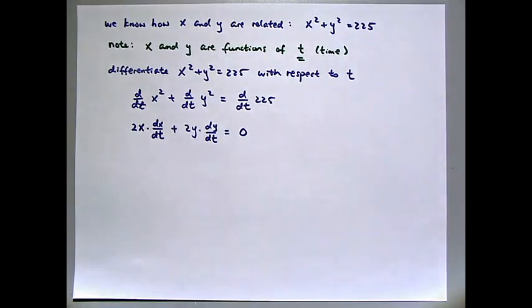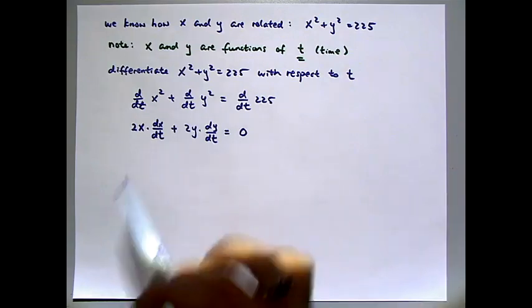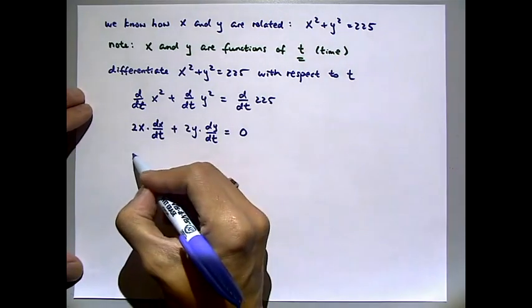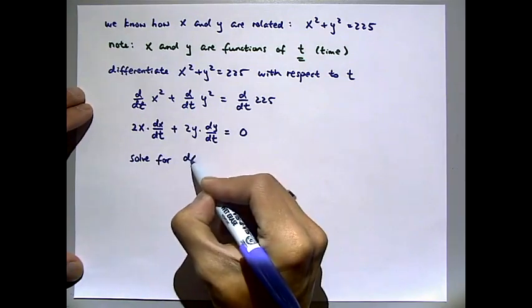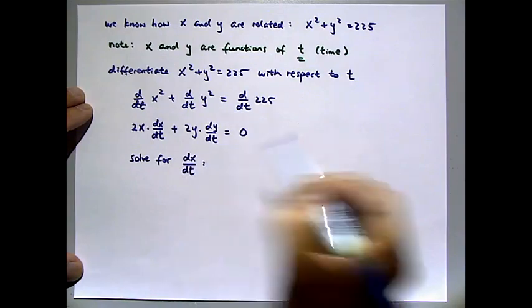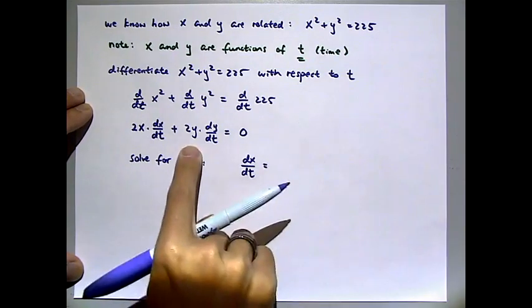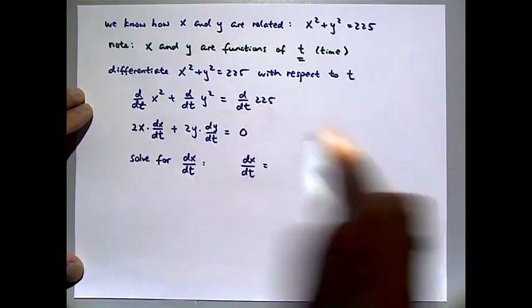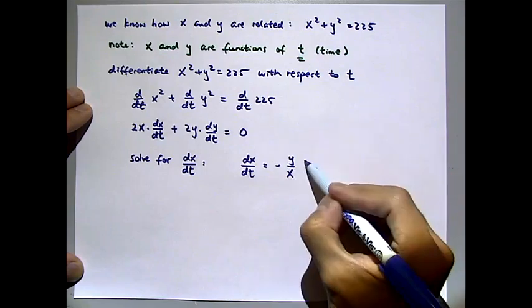Now look at the other slide here. We know one of these two things. We don't know the other. We want to know dx dt. Subtract that over and divide it by 2x. We get negative y over x times dy dt.